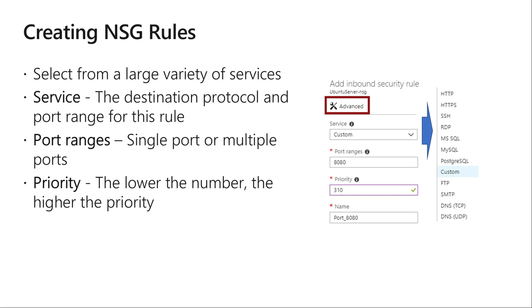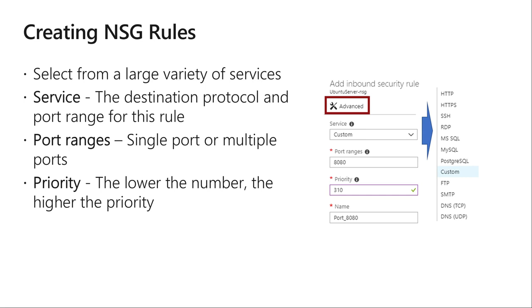For port range, if you choose the custom service, then provide a single port such as 80, a port range such as 1000 to 65535, or a comma-separated list of single ports. It's similar to what you do on-prem. Rules are processed in priority order as well, so the lower the number, the higher the priority.